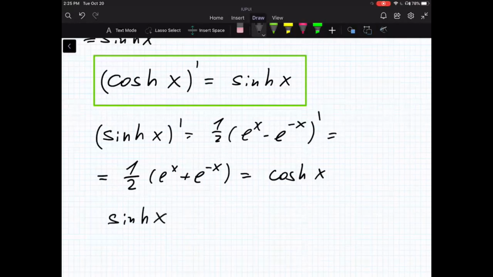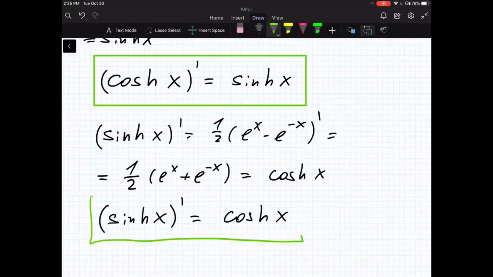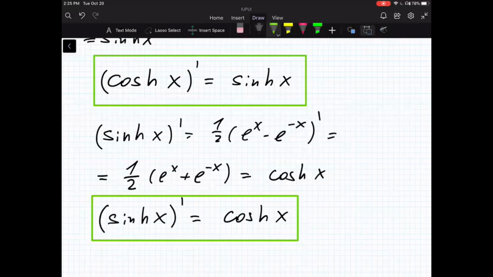So we get that derivative of hyperbolic sine is equal to hyperbolic cosine of x. So compare to the rules that we discussed in the trigonometric case, that derivative of cosine was minus sine of x, while derivative of sine was also cosine. So you see, they're almost the same, except that some signs are different. So sometimes you have extra minus, or sometimes you don't have.